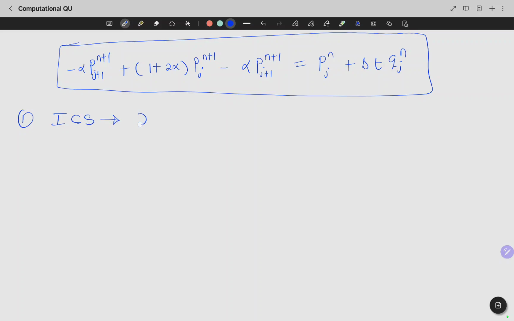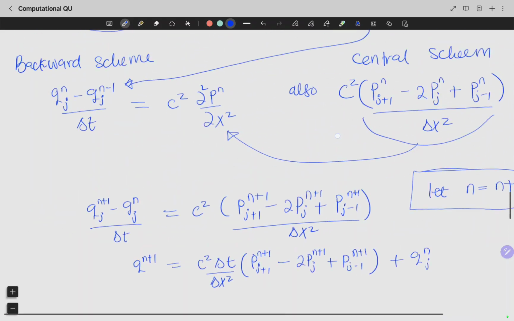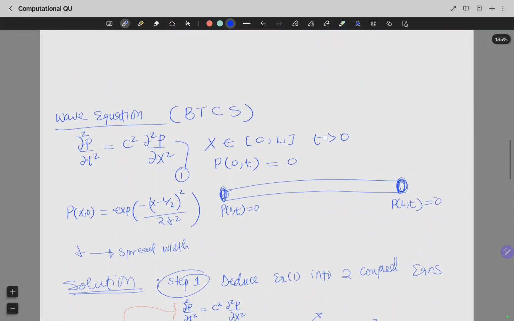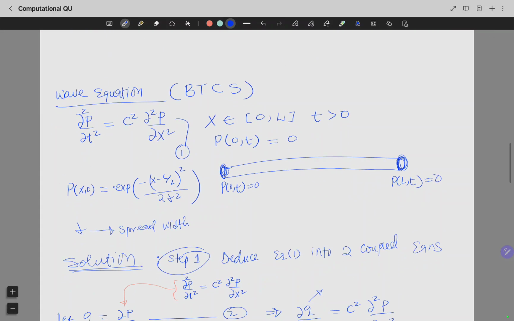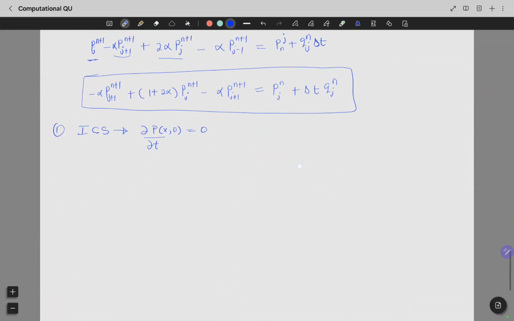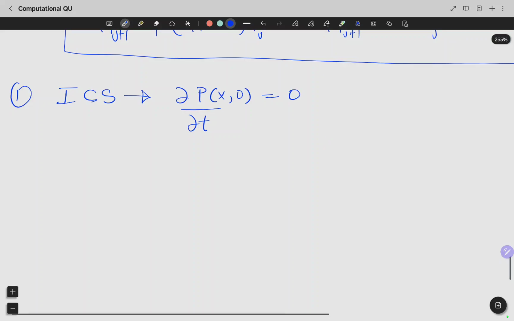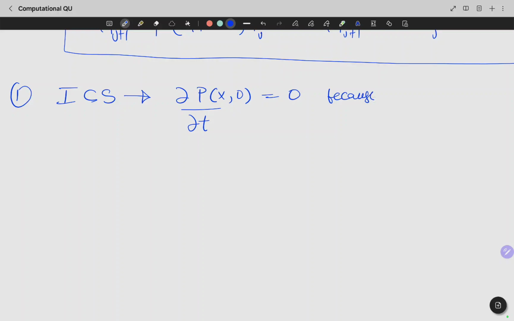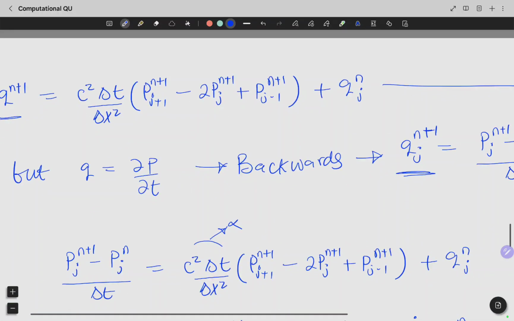The initial conditions, we know ∂P(x,0)/∂t equals 0. I think I wrote it somewhere here. Oh, I didn't write it. Okay, anyways, let's use this initial condition.